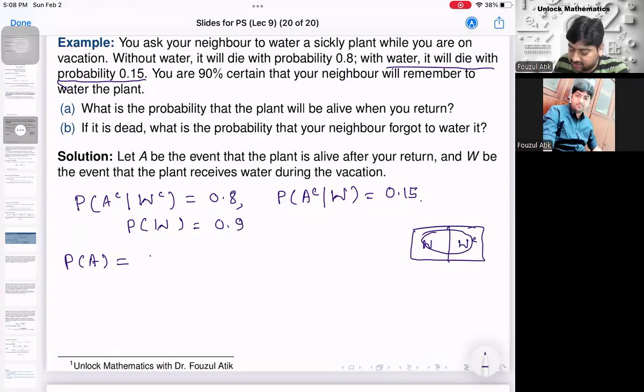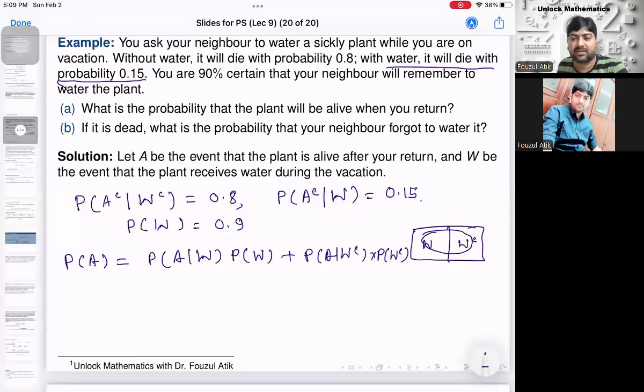What does it say? P of A is equal to P of A given W into P of W, plus P of A given W complement into P of W complement. Law of total probability. Clear?